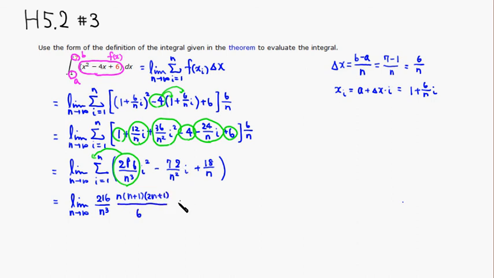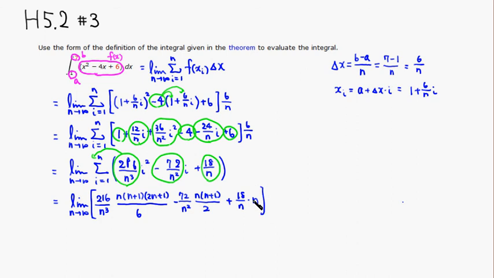Here, again, this is just a constant, so I can write 72 over n squared, then the summation of i is n times n plus 1 over 2. Plus this is a constant, 18 over n, but the summation of 1 would be n, so multiply by n. So we have this limit.